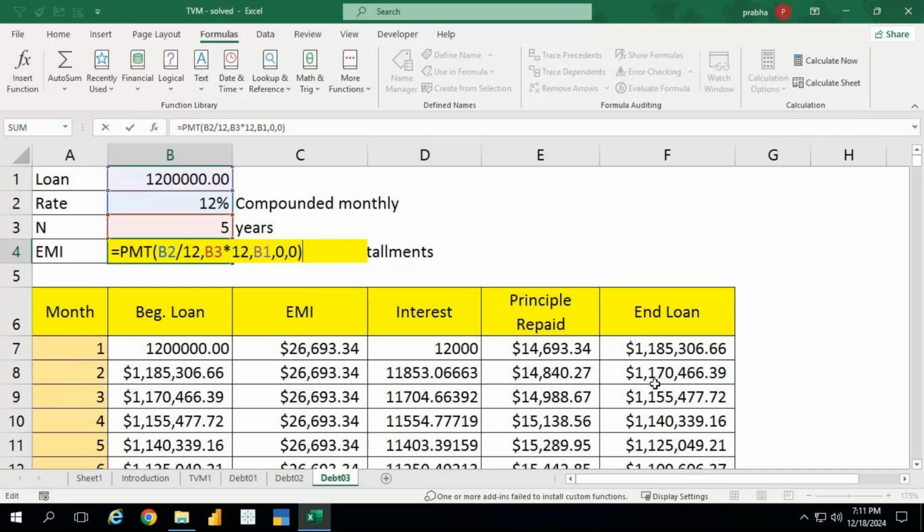Here I have taken the cell address, B2, which is 12%. So 12% divided by 12, comma, NPER will be 5 years, that is the B3 cell, so 5 into 12. The beginning loan will be 12 lakh rupees. Future value will be 0, by the end of the tenure it will be 0, and I have to calculate for the end of the period.